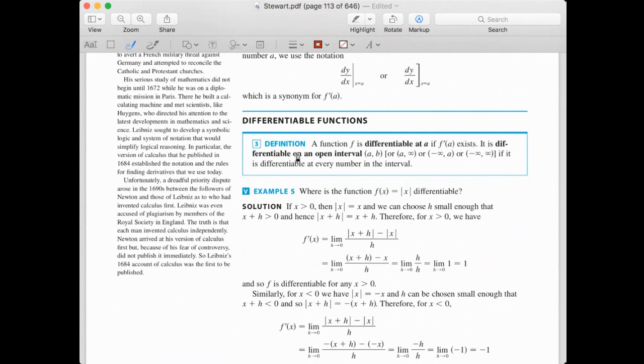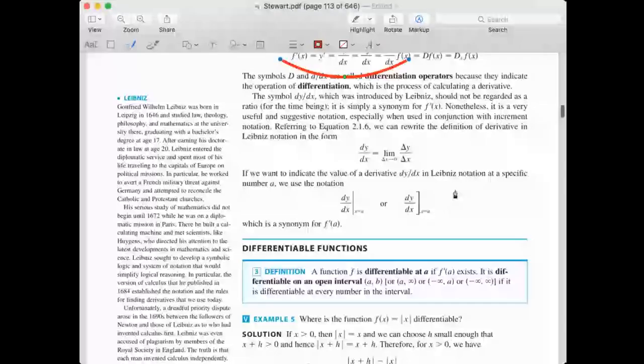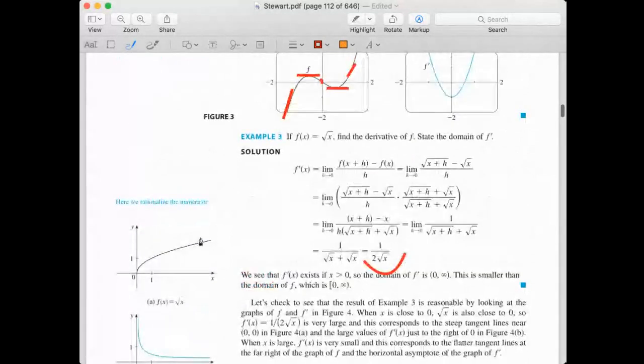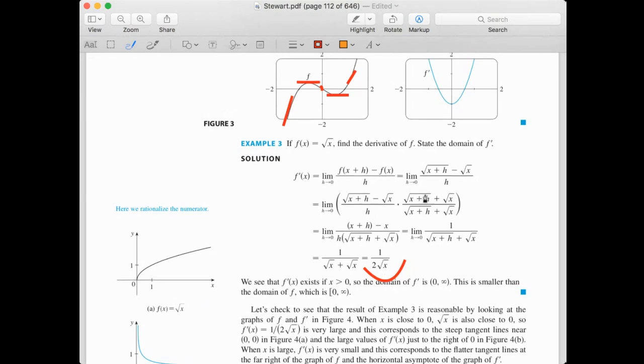It's differentiable on an open interval if it's differentiable at every number in the interval, right? Polynomial functions are differentiable at every point. Square root of x is differentiable for x greater than 0, because x cannot be 0. Right? The derivative will have 0 in the denominator.